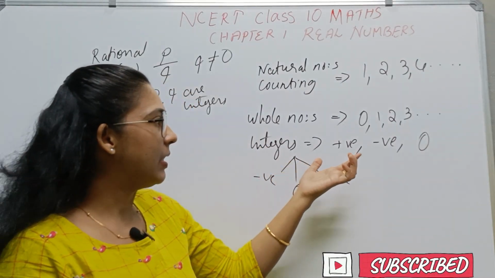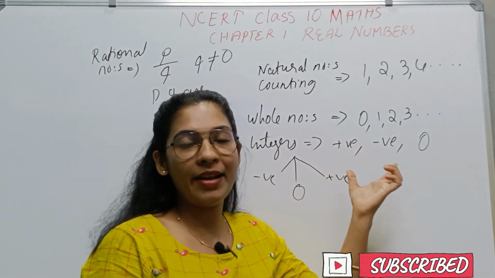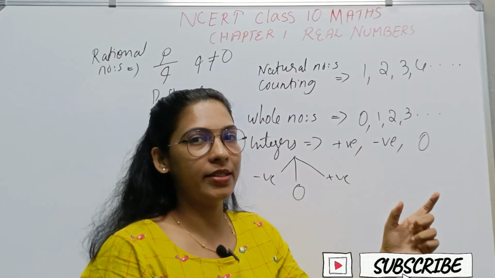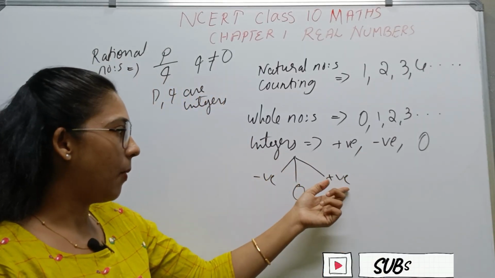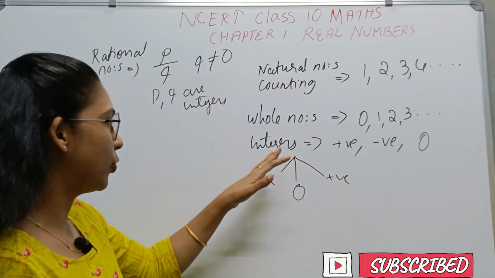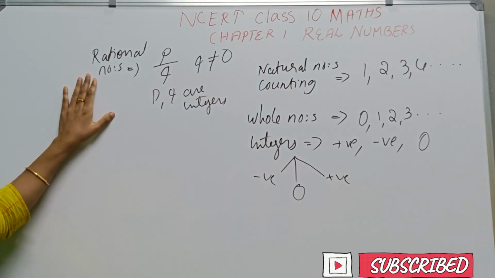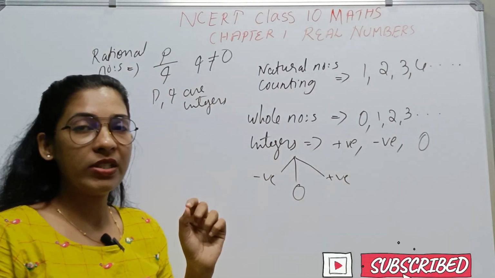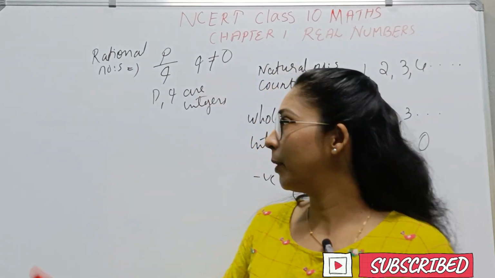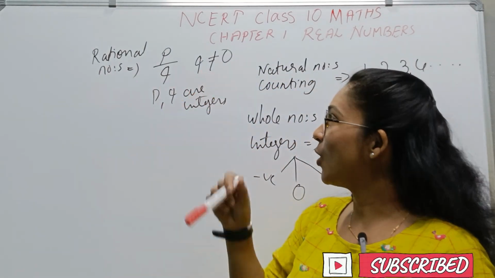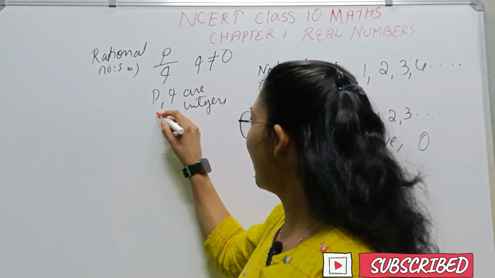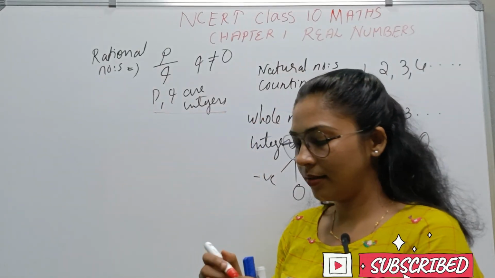Integers are the numbers which have both positive and negative numbers, including 0. Then that is all negative, positive and 0 numbers are said to be integers. And rational numbers, any number which can be represented in the form of p by q, then it is said to be a rational number, where q not equal to 0 and p, q are integers.